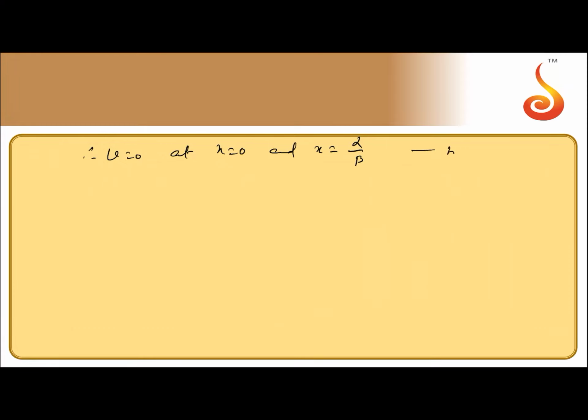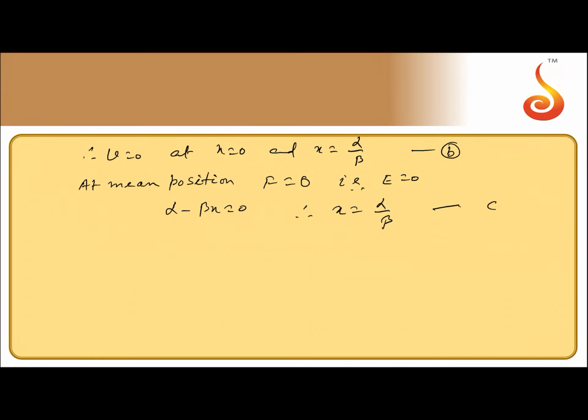So this is at mean position, f is equal to 0. So f is equal to 0, that is alpha minus beta x equal to 0. So therefore x is equal to alpha by beta is the mean position.